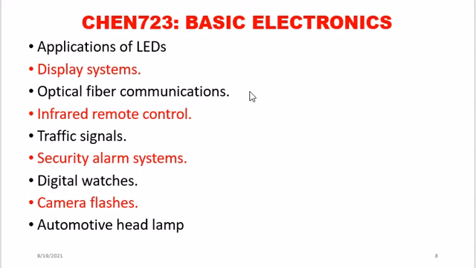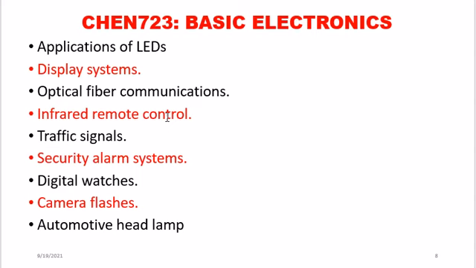And also we use it in infrared remote control. Everybody that has a TV and satellite at home, we actually use a remote control device to choose our station, to switch on and off our TV and other things like that. In that application also we are using light emitting diode.